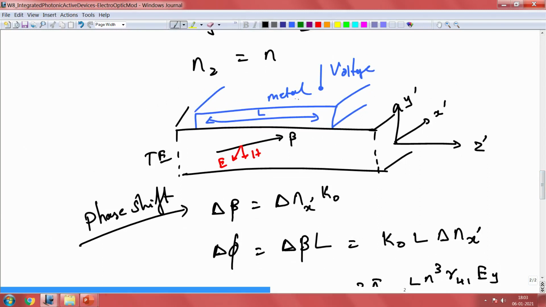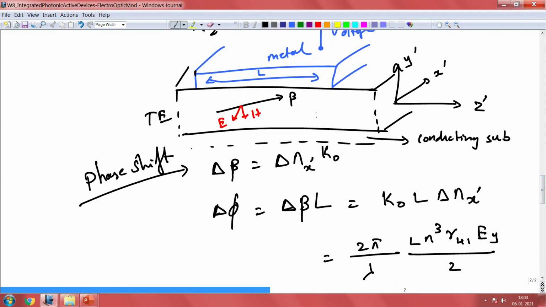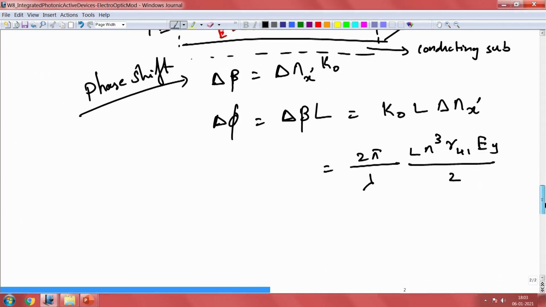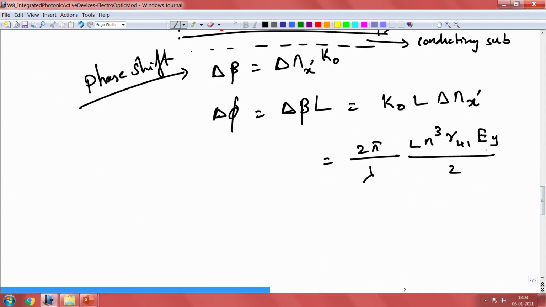You have a top electrode here, and then let us say at the bottom you have a conducting substrate here, okay. That is why you have the field in the transverse direction, so that is why you have E y here, okay.